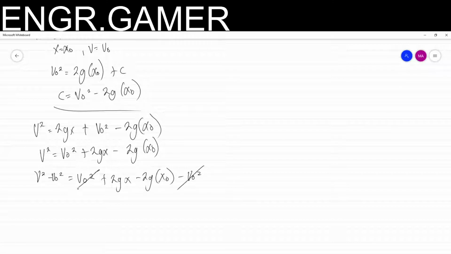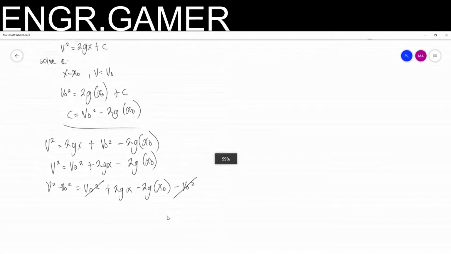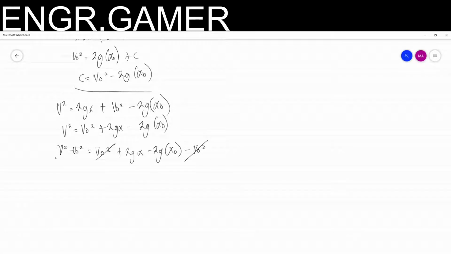So, makancel out yung v sub o squared natin dito sa right side. So, sa kabila, yun na lang yung natitira, v squared minus v sub o squared. So, meron tayong v squared minus v sub o squared is equal to 2gx minus 2g x sub o.